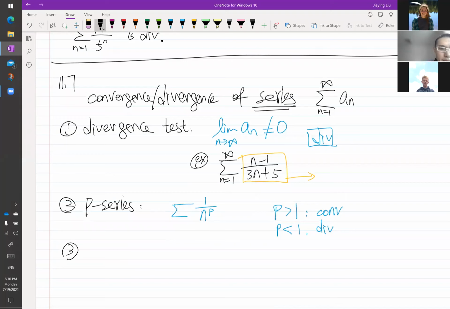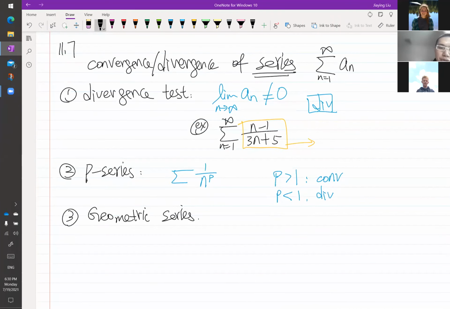And number 3 will be to see if it's a geometric series. That usually has a_n in the form of some constant a times some ratio raised to the power of n, or n plus 1 or n minus 1, doesn't matter, but it looks like a ratio raised to the power of n.